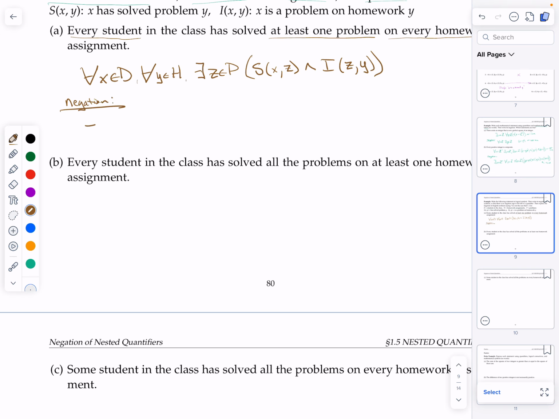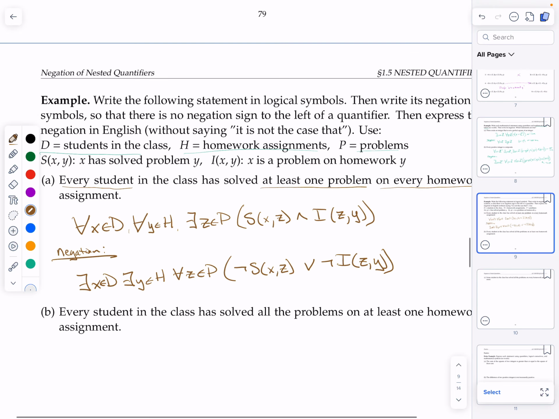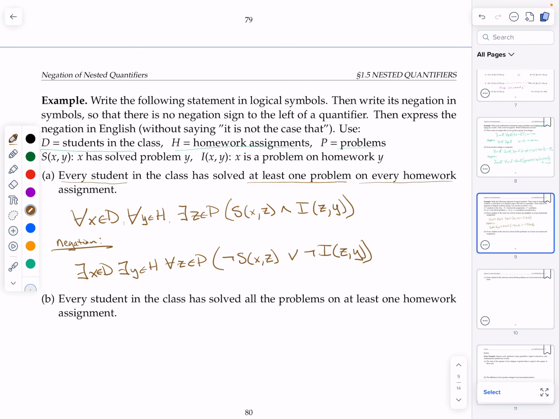is going to be there exists X, there exists Y, for every Z, and then we negate both of these. So the negation of S(x,z), or the negation of I(z,y). Do I have to write that in plain English? I hope not. Express the negation in English.